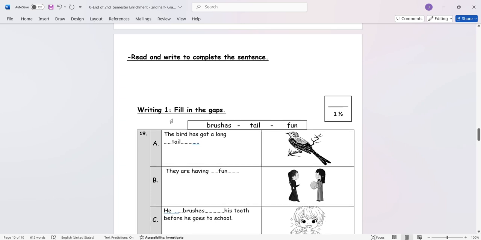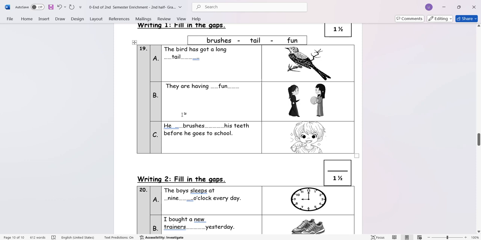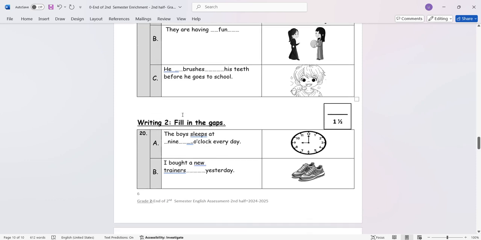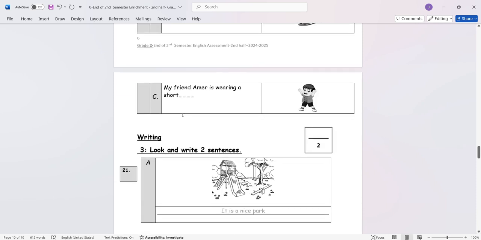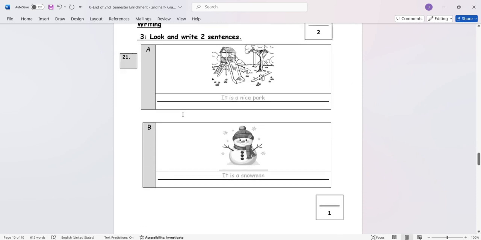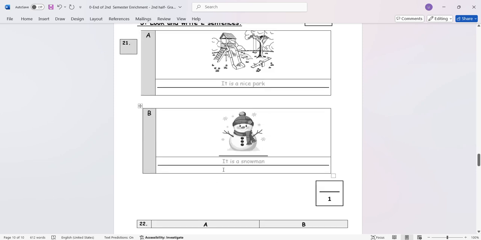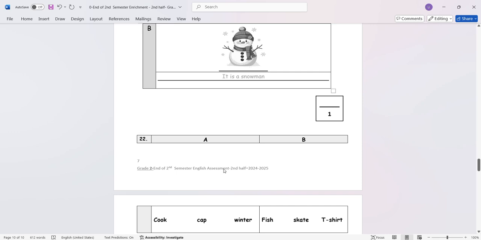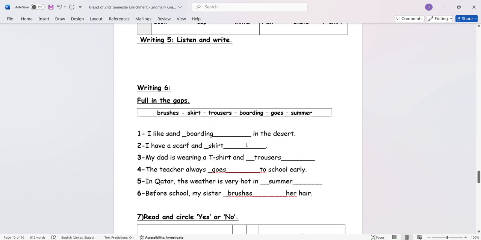Then we had to write some words from the box. Then we moved to writing 2. And then we had to write a sentence about this picture. It's a nice park. It's a snowman. Then we had to put these words in the gap.